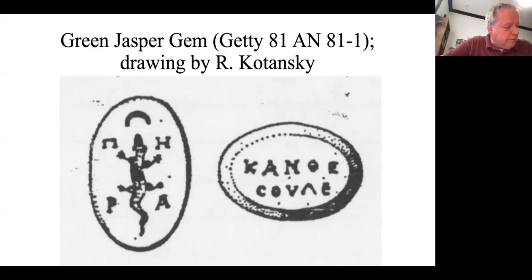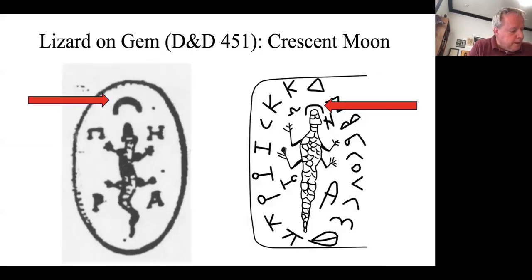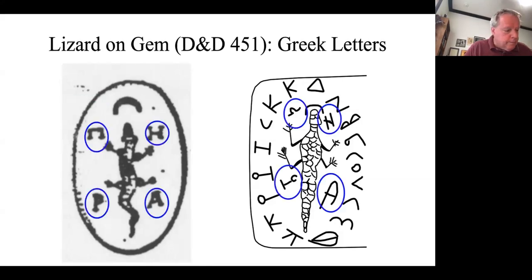These gems almost always have a lizard on the front with Greek letters at its 4 legs, as you can see in this blurry scan of a gem in the Getty. And the inscription Cantes Sule on the back, a design that appears on the bronze plaque in this roughly drawn lizard with a crescent moon at its head and the 4 letters at its feet.